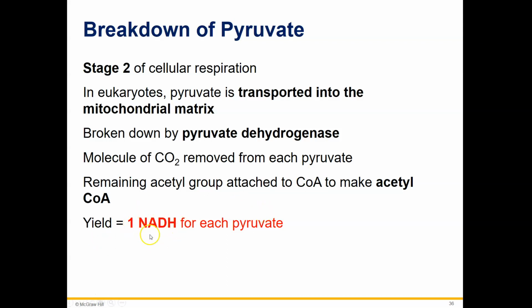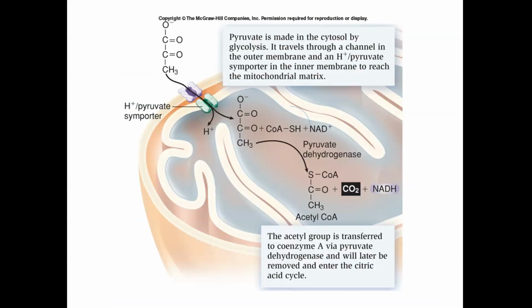The other thing that is generated in this process is one NADH molecule for each pyruvate. But recall that we have 2 pyruvates entering into this, so we have a net production of 2 NADHs. So let me show you what this whole process looks like. Here we've got pyruvate that was out in the cytosol that needs to get translocated into the inner mitochondrial matrix.